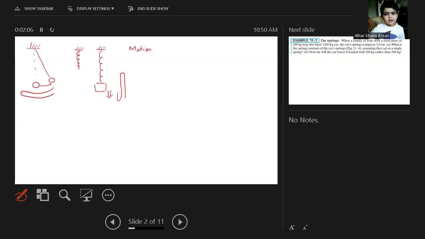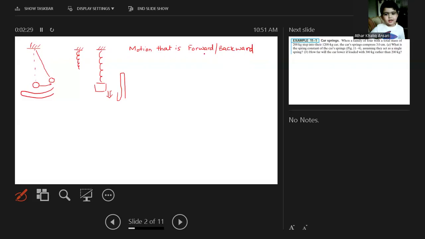I'm repeating: motion that is to and fro. I can say forward and backward. It repeats itself forward and backward, up and down, to and fro, all are the same.